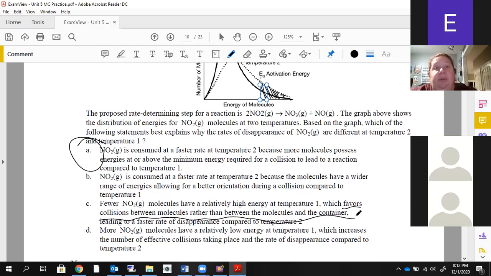Particles are going to collide with what they're going to collide with. And it's just as likely for them to bump into each other as it is the container. The temperature or the energy of those particles isn't going to affect what they're going to collide with. So the only thing that temperature is going to control is letting those particles exceed the activation energy.